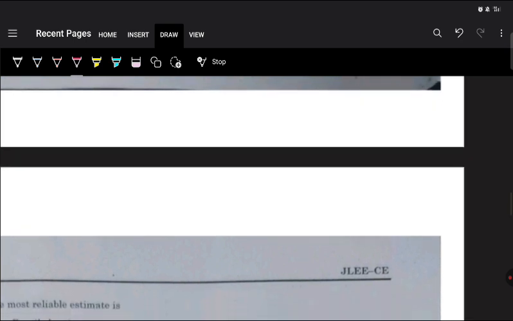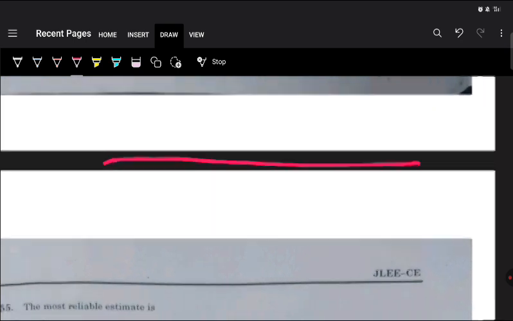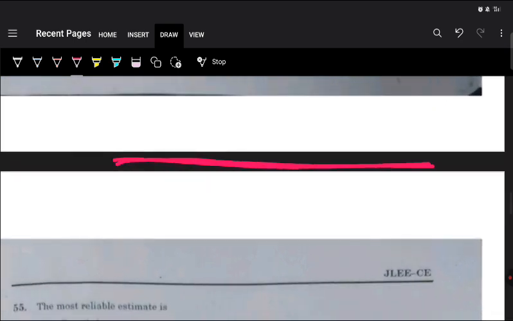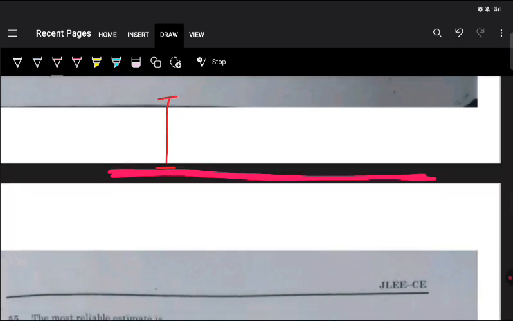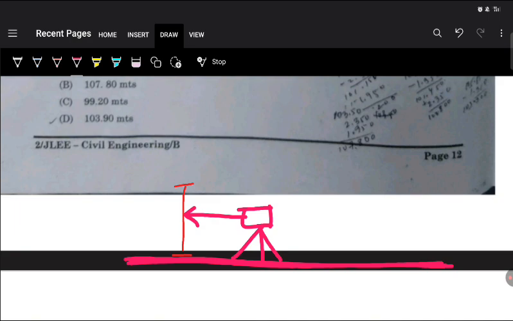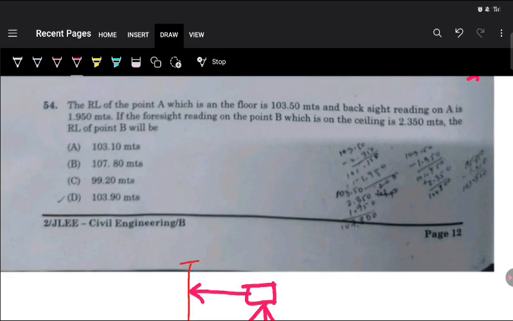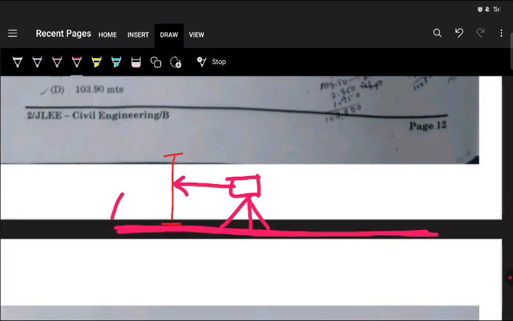Consider this is our ground, our floor. There is a point, so here is our instrument. This is point A, which is on the floor.